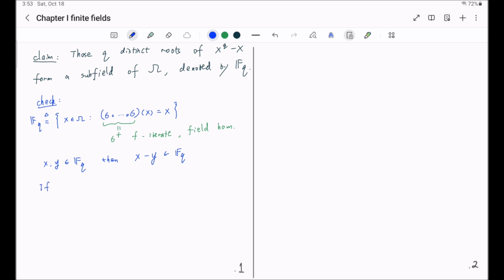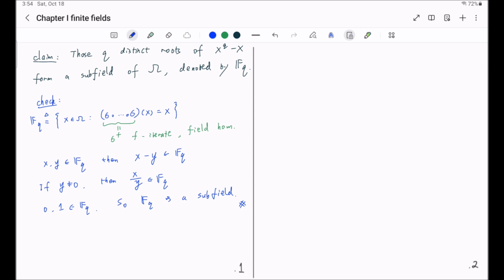And if y is not equal to 0, then x divided by y is in Fq. And of course, 0 and 1 are both in here. So this is a subfield. If you are familiar with basic abstract algebra, this is very obvious.